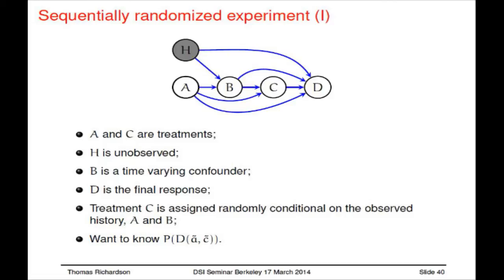And then D is the final outcome that's observed, and D might be the thing that you were originally given A for.